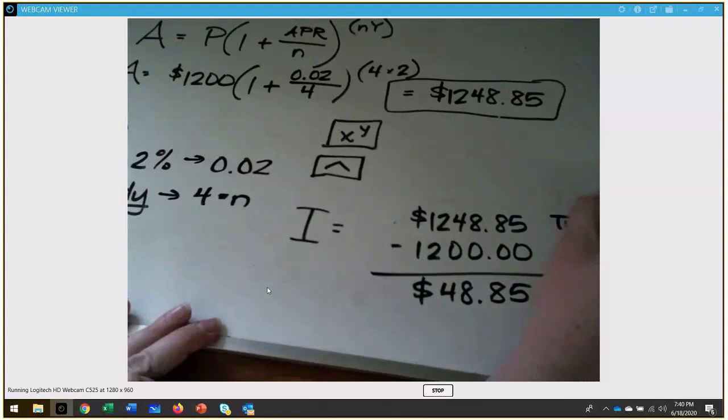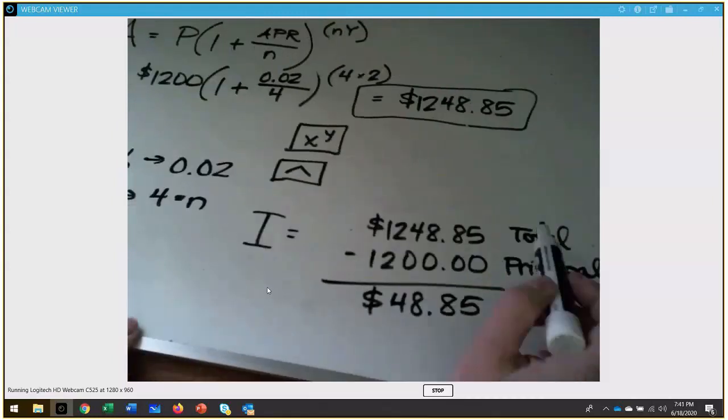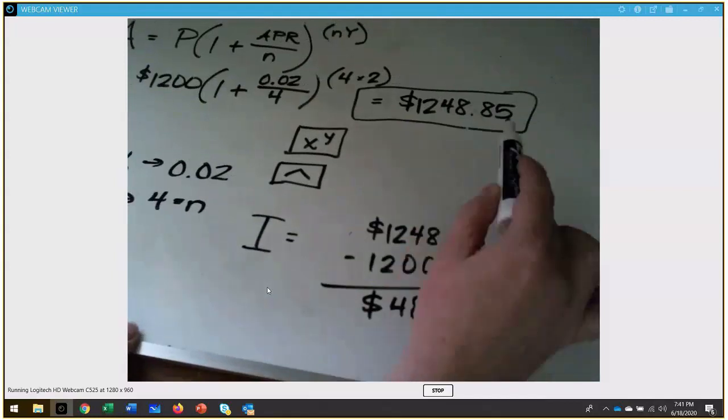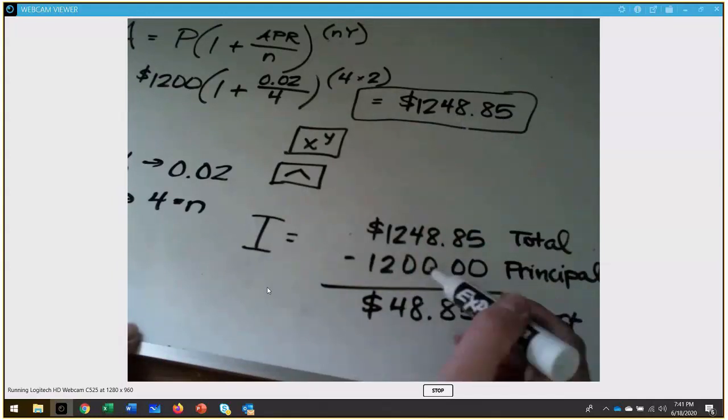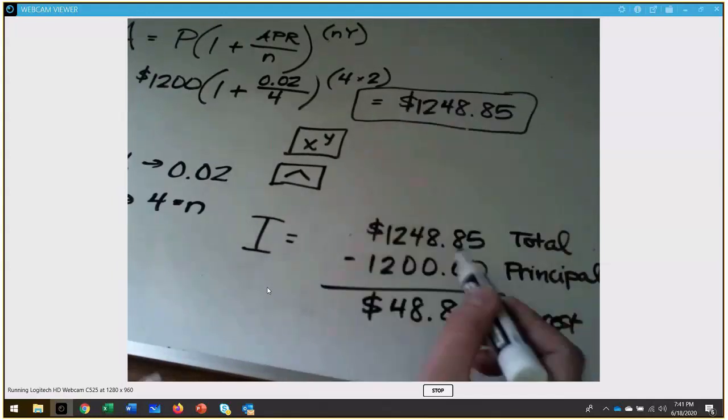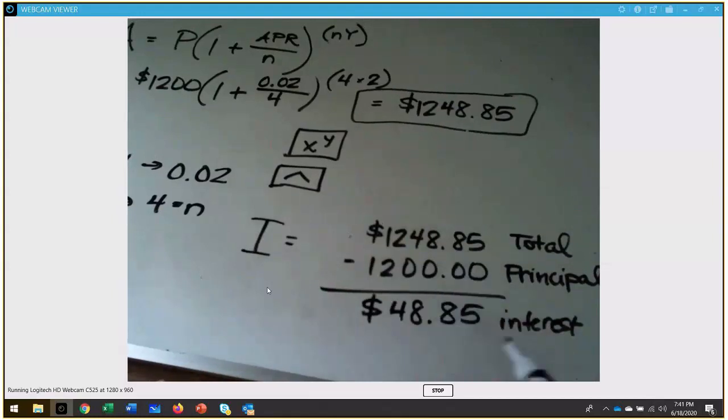Yep, total minus the principal. The total from the compound formula minus the principal, which has to be told to you to even do the problem. And then the difference will be the amount of interest if they ask you for that.